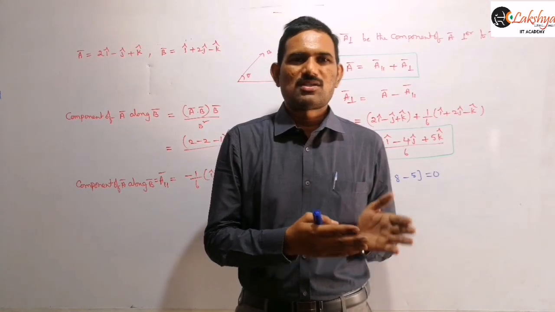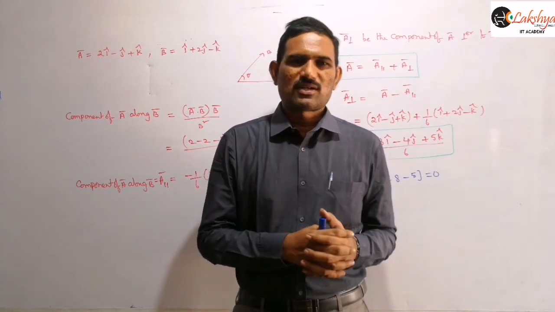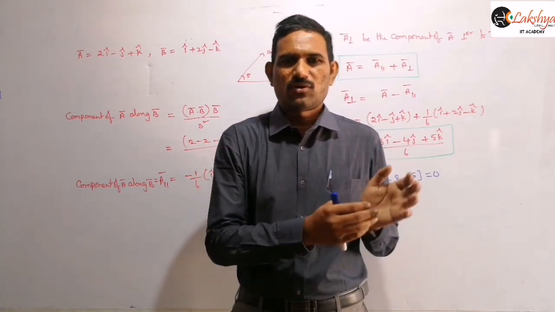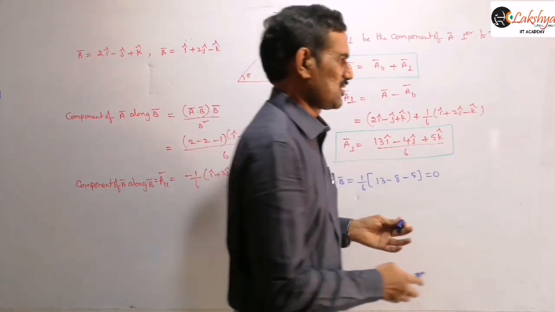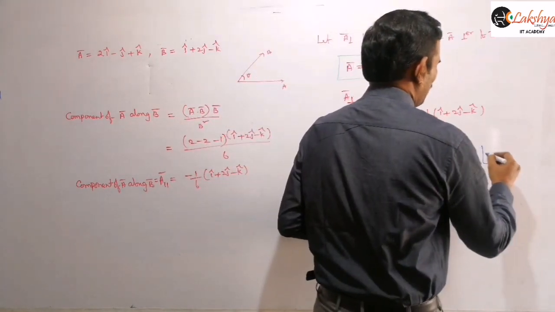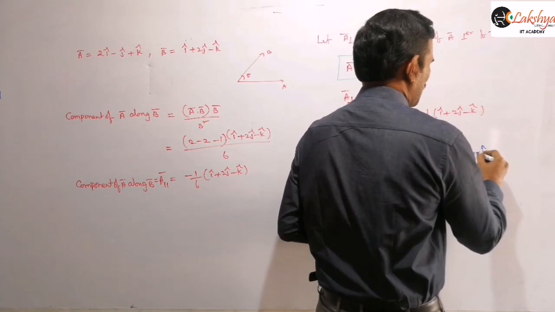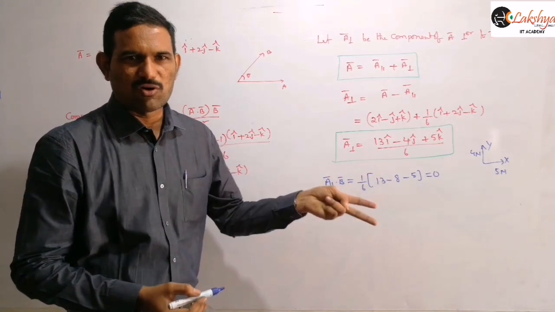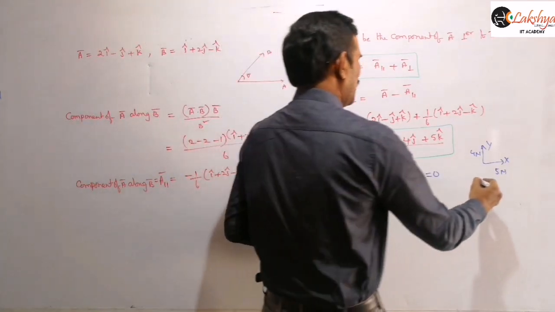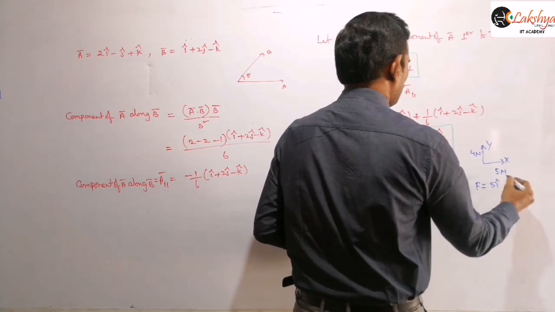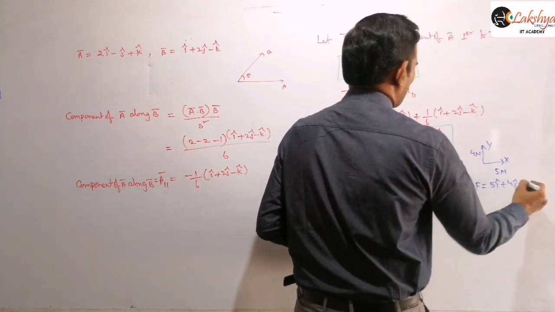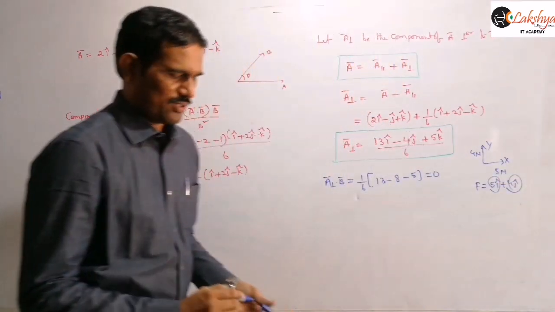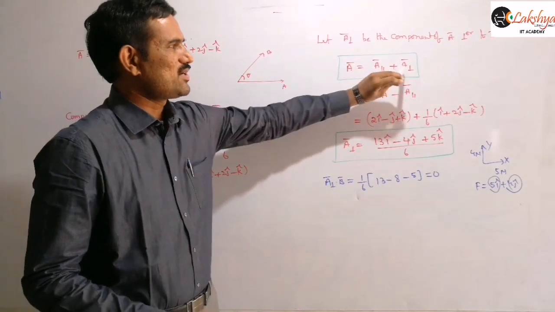For example, if the component along the x-axis is 5 and along the y-axis is 4, then you can write that vector as 5 i cap plus 4 j cap. If 5 Newtons of force is acting along the x-axis and 4 Newtons along the y-axis, then knowing these two perpendicular, rectangular components, you can write the vector as 5 i cap plus 4 j cap. Similarly, these two are such components here.